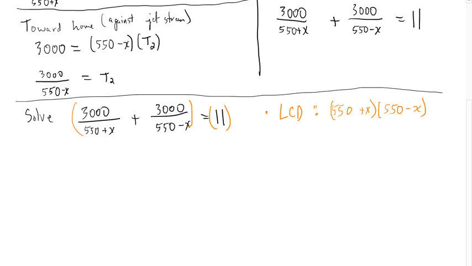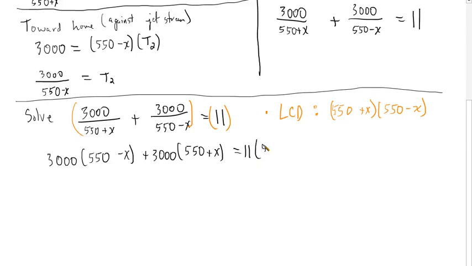And if we do this, we now have 3,000 times 550 minus x plus 3,000 times 550 plus x is equal to 11 times 550 plus x times 550 minus x.